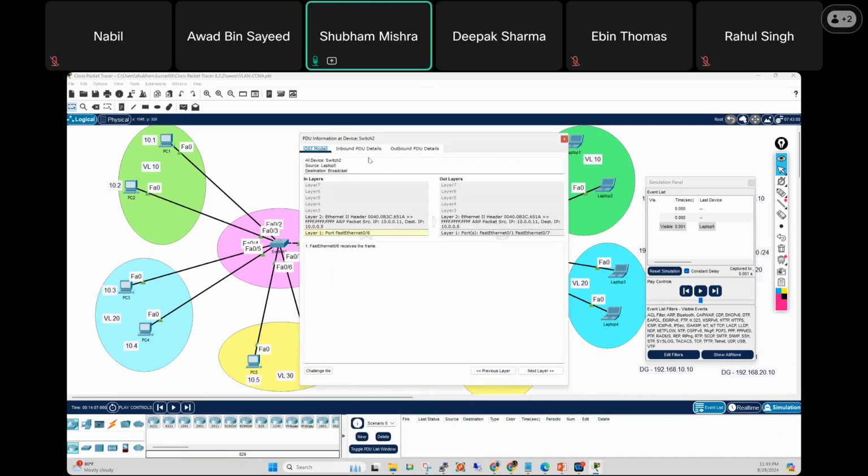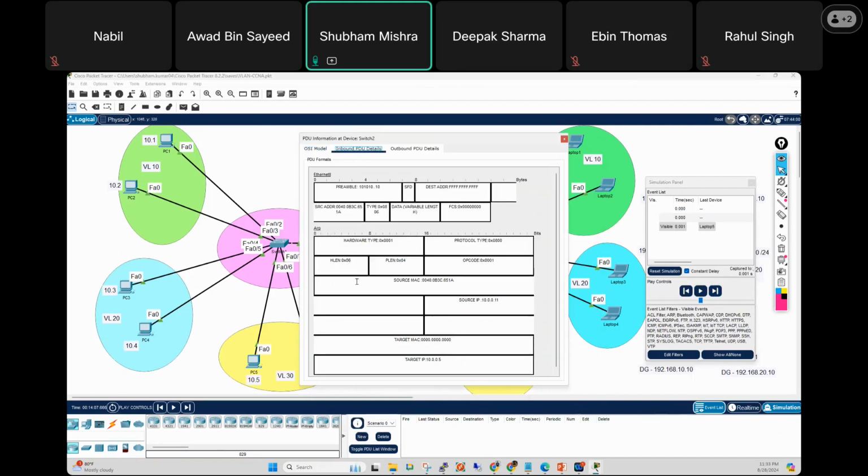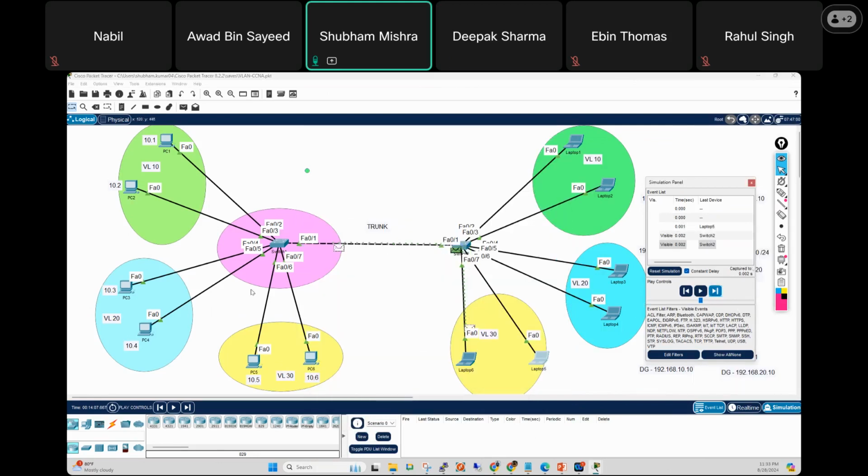What is this? This is the ARP packet. It means this is the broadcast ARP packet. Yes or no? I told you all the interfaces which are part of VLAN number 30 as well as the trunk. So this packet will reach here, as this switch forwards this packet here.